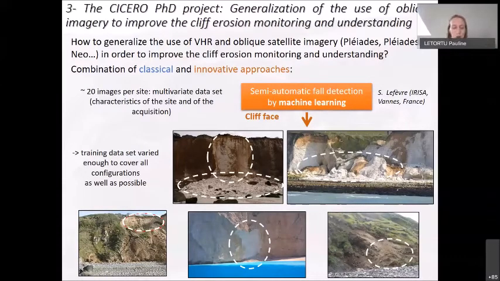Some methods of machine learning will be used to identify faults, as the diversity of the sites should make it possible to create a training dataset varied enough to cover all configurations as well as possible.